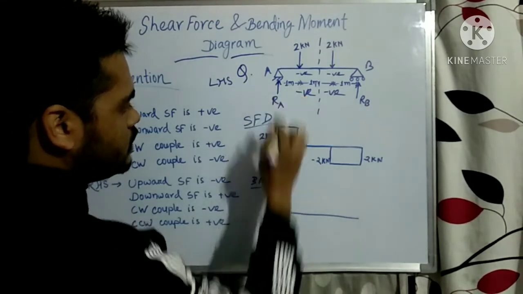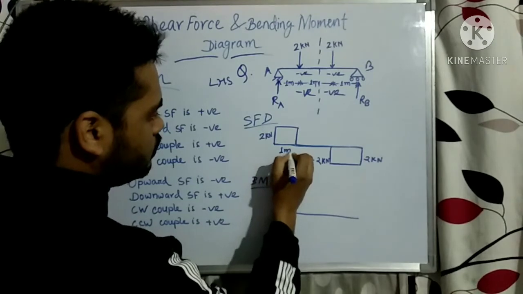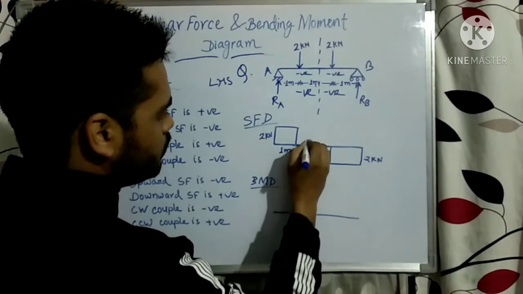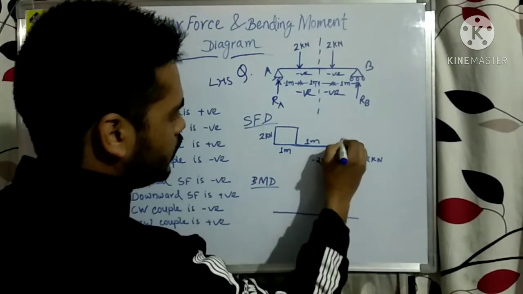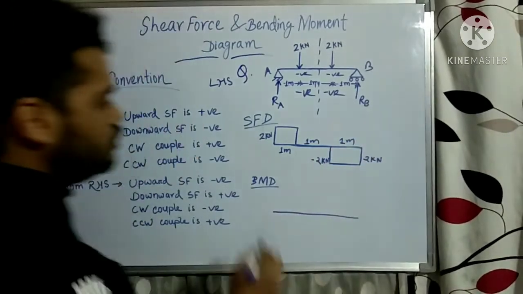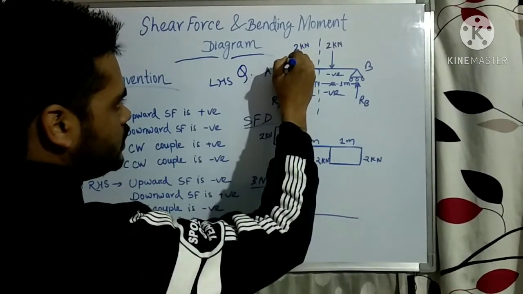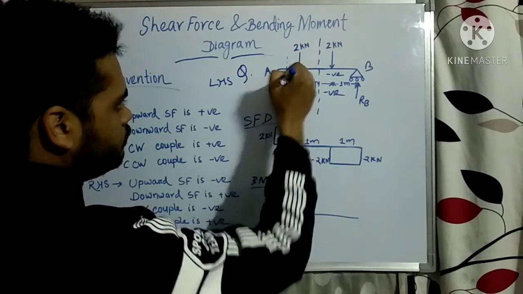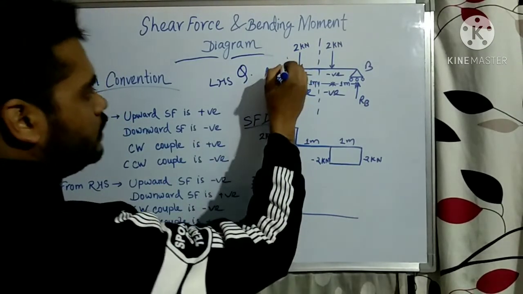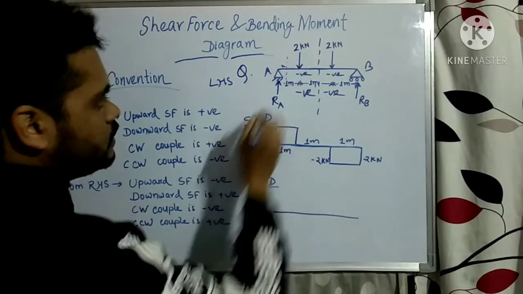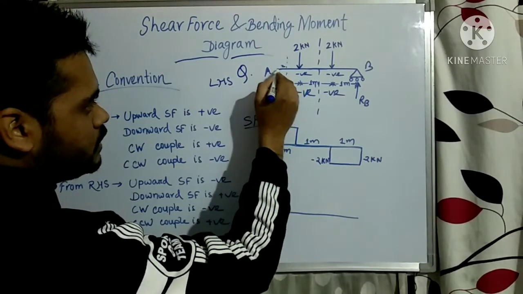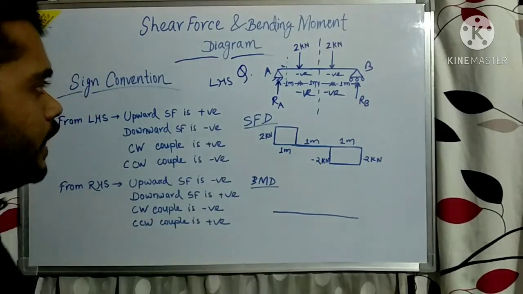This distance is 1 meter, again this is 1 meter, and again this is 1 meter. If you consider one imaginary section here, and suppose the distance from this imaginary section to this support is x.